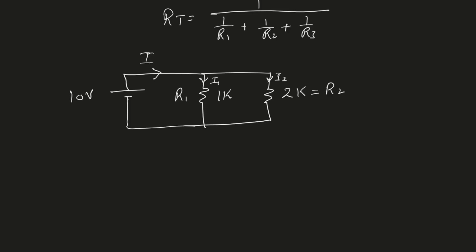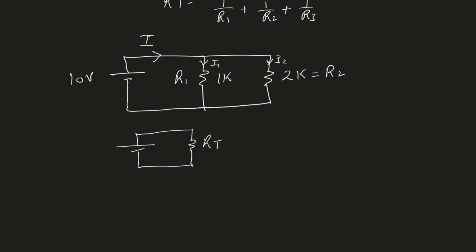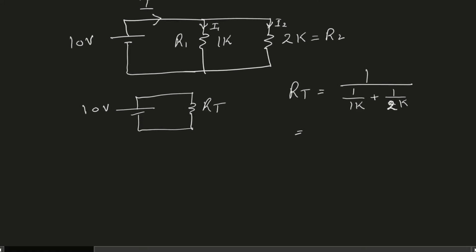So this is I2. Okay, so we will first draw an equivalent circuit where we will have a resistor, R total, that will represent both of the resistances, and R total is 1 divided by (1 over 1 kilo plus 1 over 2 kilo). All right, so that will be 1 milli plus 0.5 milli, correct?